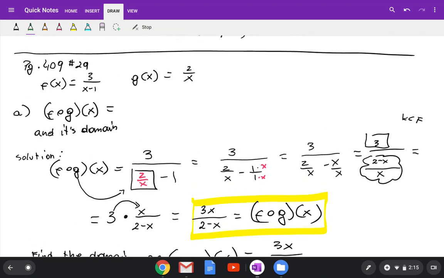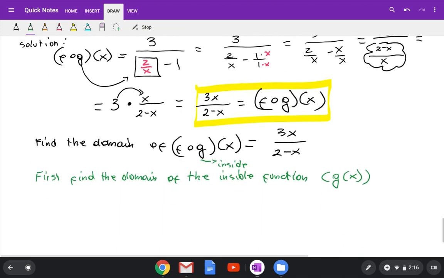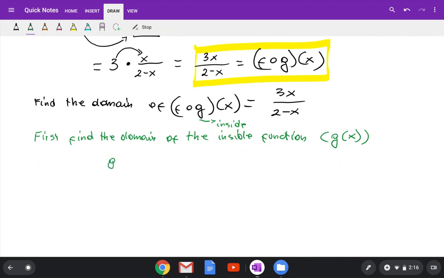Look up the equation of g of x. G of x is equal to 2 over x. So g of x has the equation of 2 over x. This is a rational function, okay? So the domain is going to be all real numbers except 0, because you can never ever divide by 0.